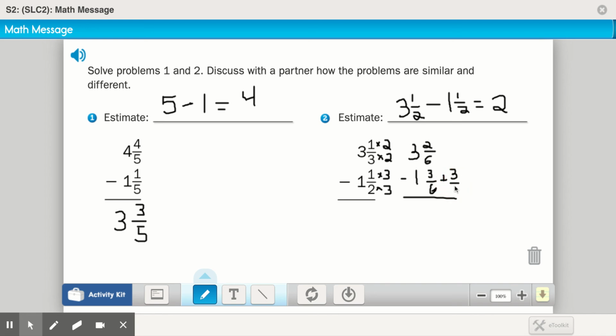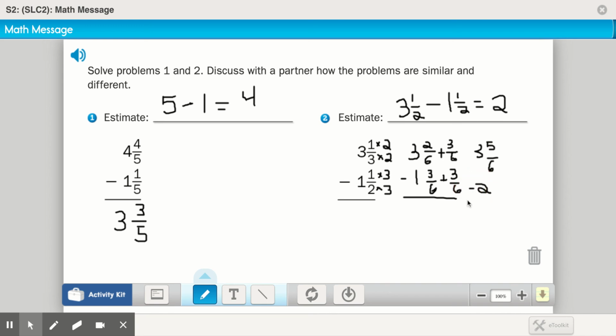But if I add 3/6 to that, I must add 3/6 to the first fraction. You have to be fair. So now again, 3 and 5/6 is our new, ooh, I'm running out of time. And then this would go to 2.